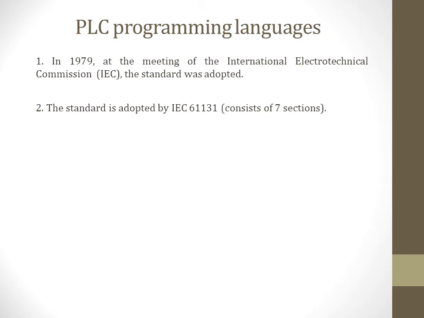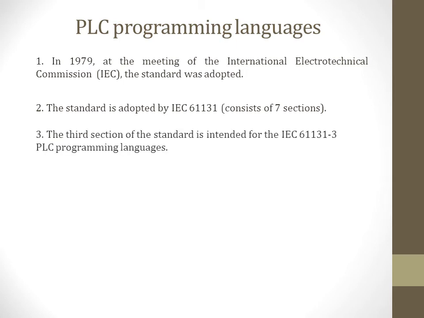This standard consists of 7 sections, and the third section of the standard is intended for the PLC programming languages. So in this part of the standard we have the following programming languages of PLC.